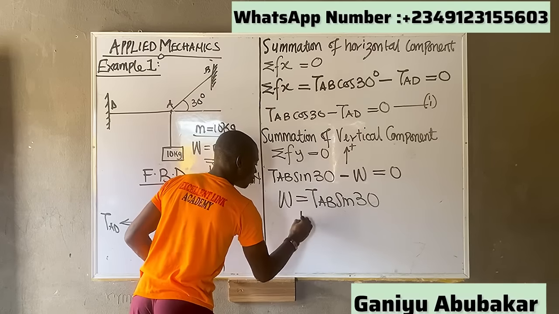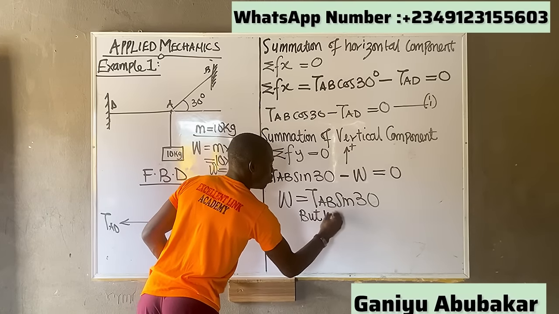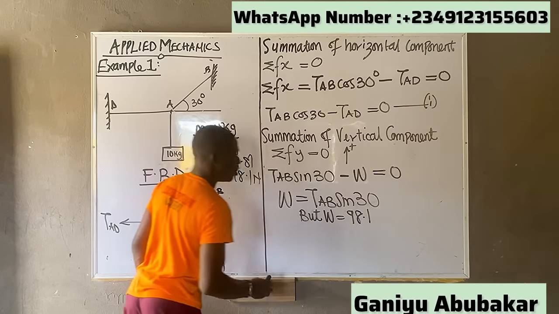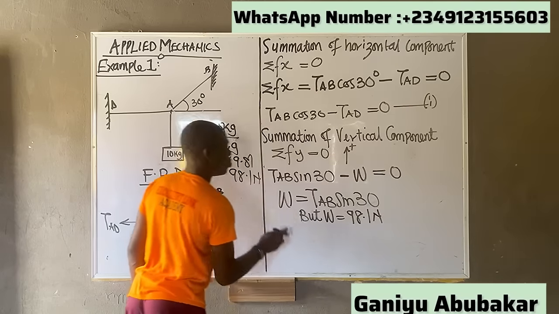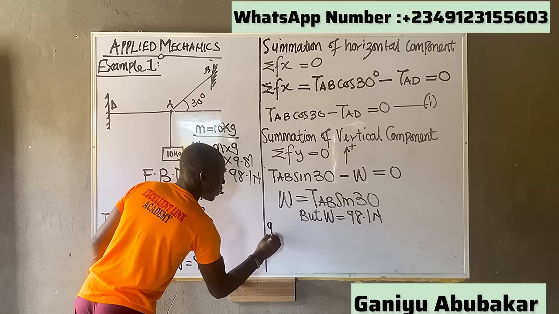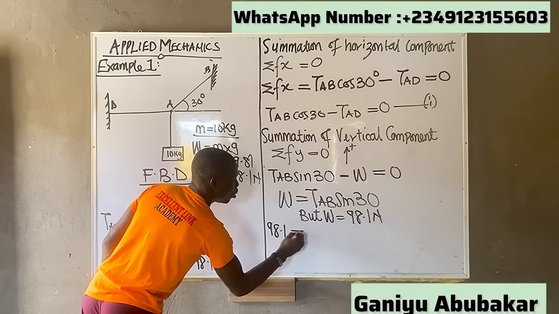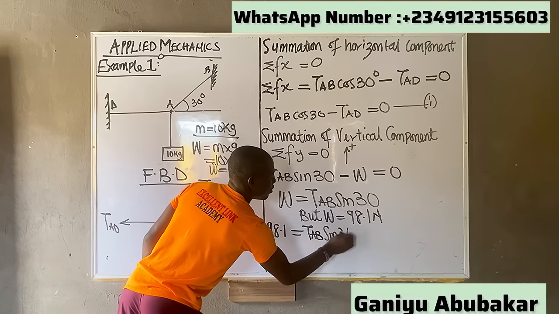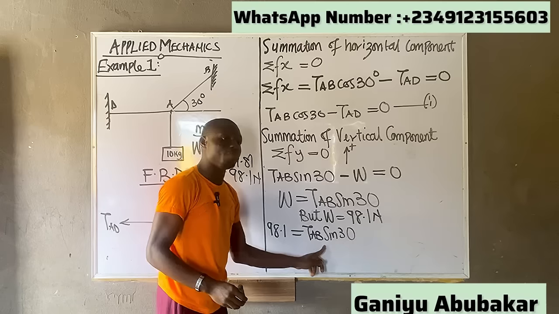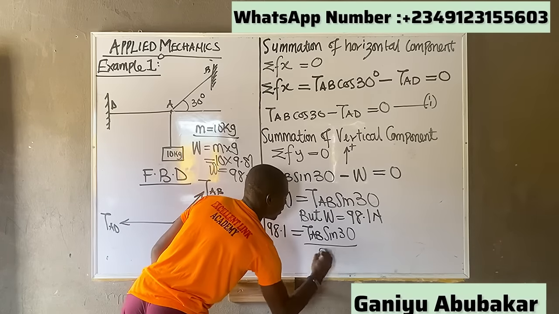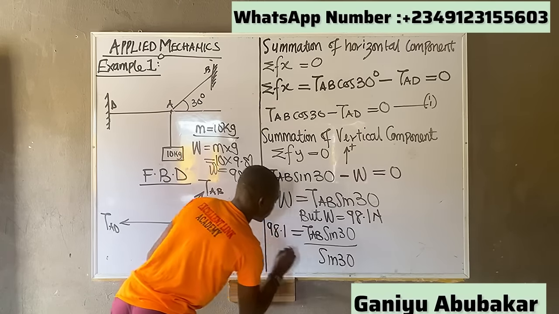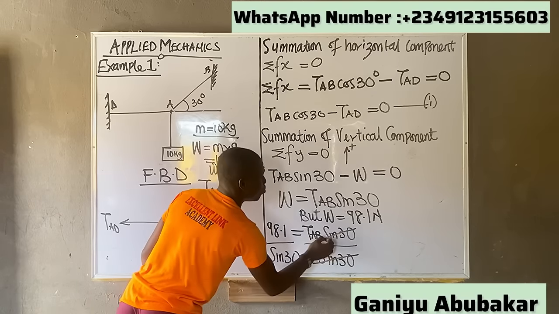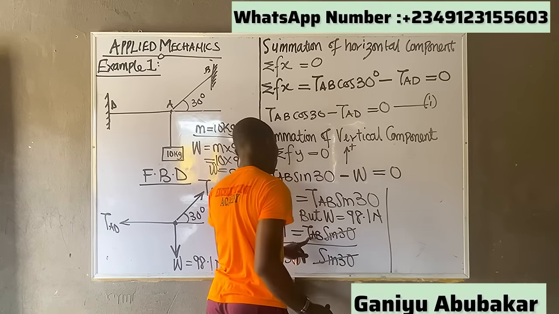Of course, we know that W is 98.1 Newtons. So 98.1 equals TAB sine 30. My task is to get TAB, so I divide both sides by sine 30, and this cancels this.